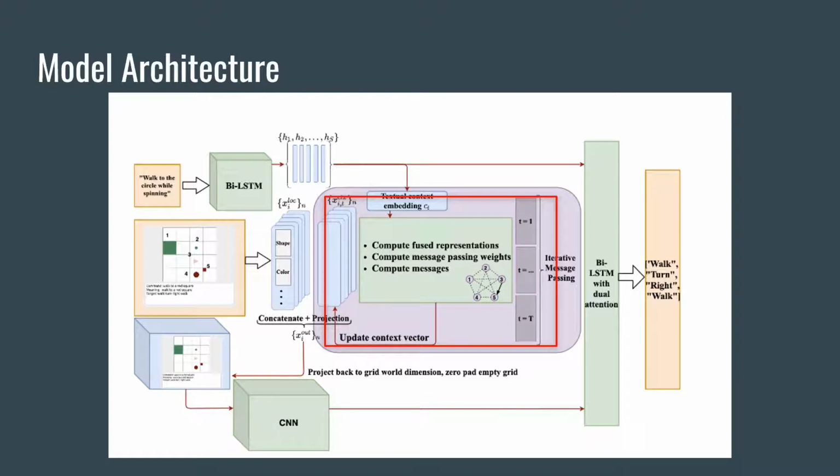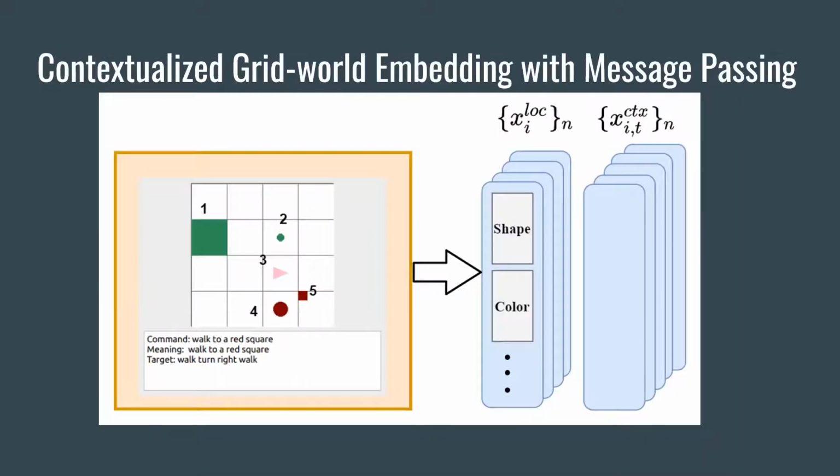Next, I'm going to explain how exactly we extract input from the grid world, then use message passing to construct the contextualized embedding, and then send it for downstream CNN processing. The first step is that we project each object's property one-hot representations into an embedding space.